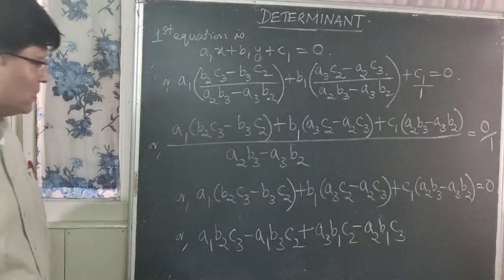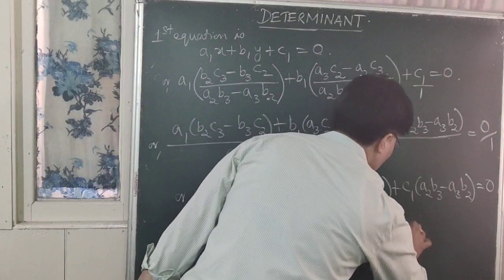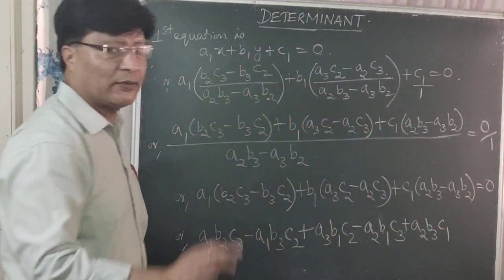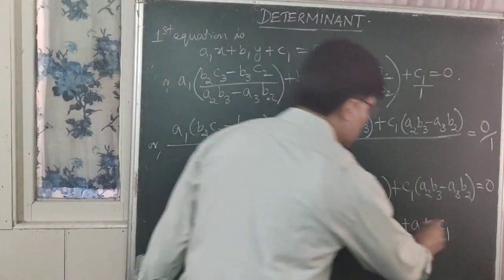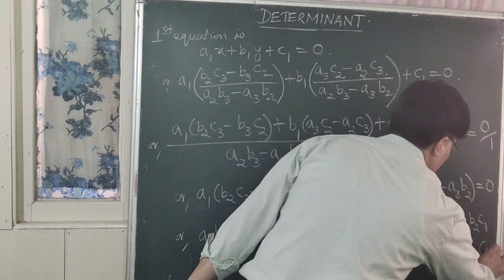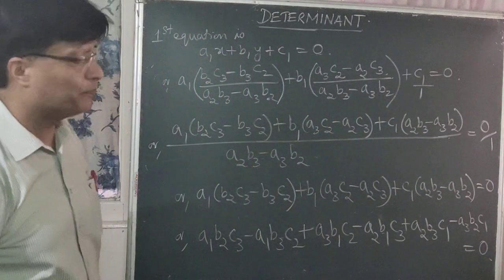So it is multiplied, plus again multiplied by C1: A2 B3 C1, again writing in ABC order, plus and minus is minus A3 B2 C1, which is equal to 0.